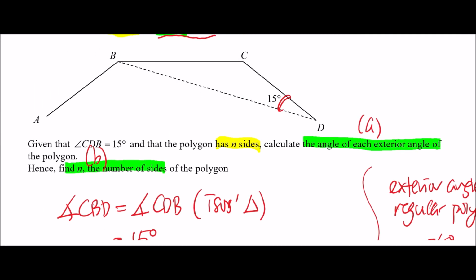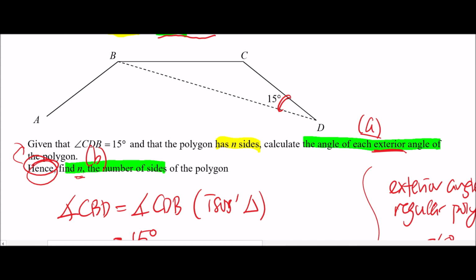So we are interested in the exterior angle. Please don't go and calculate the interior angle. This is part A: find each exterior angle. And part B, hence, so please be careful here. Hence means you must use the result from part A. Find n, the number of sides of the polygon.